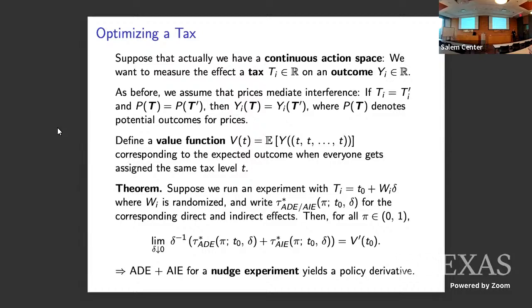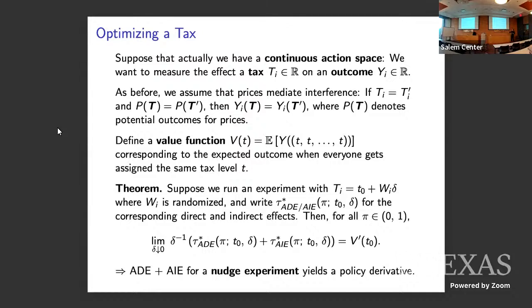But you can imagine, right, a lot of these big organizations that control something like a tax rate. And then the theorem is that, here now it's a binary experiment because everyone is just getting high tax, low tax. So you can estimate the average direct and indirect effect of this high-low tax experiment.